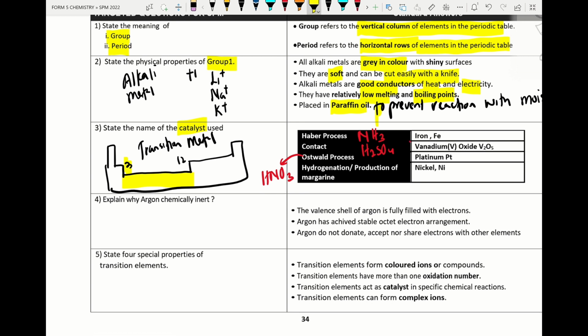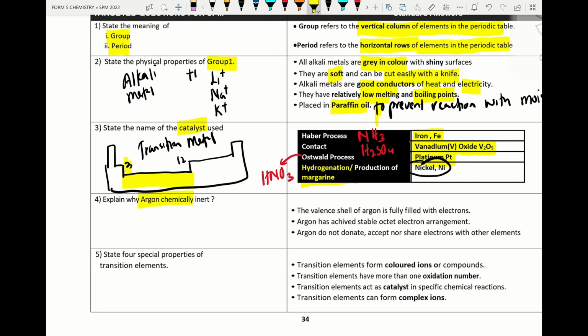The catalyst used in Haber process is iron, contact process is vanadium(V) oxide, Ostwald process is platinum, and one more, hydrogenation process or the production of margarine. Unsaturated fat is converted into saturated fat through hydrogenation in the presence of nickel. So please memorize all these catalysts.